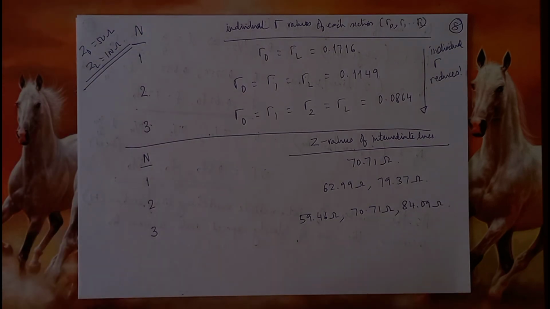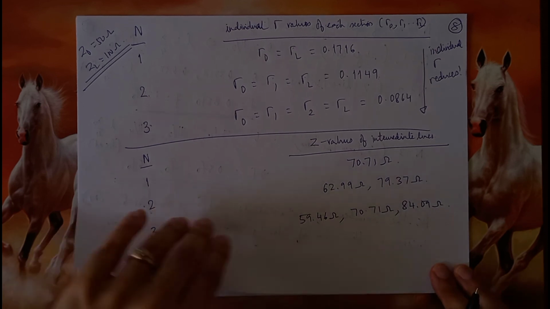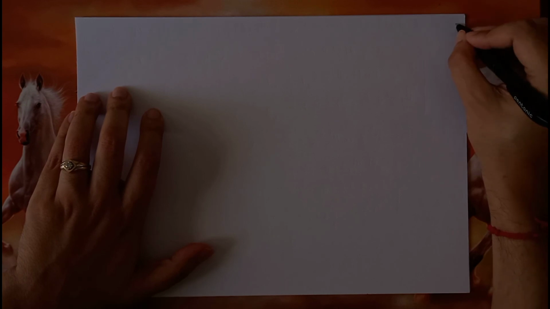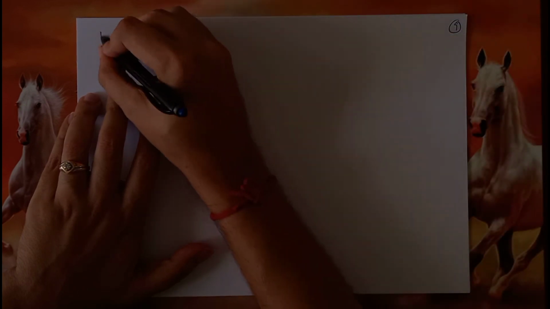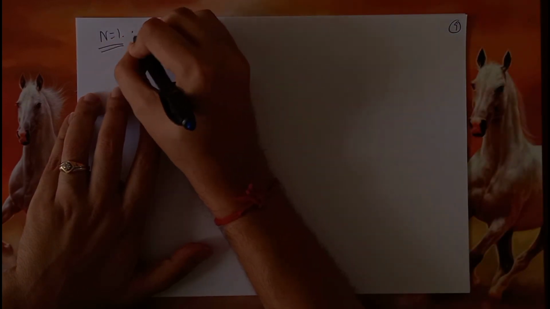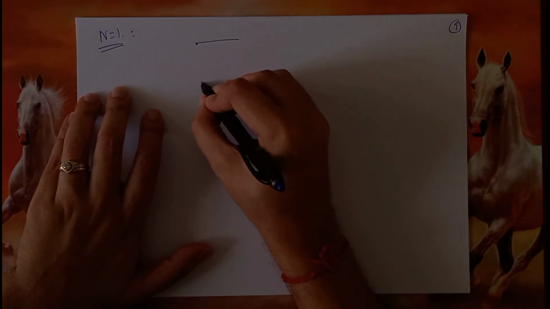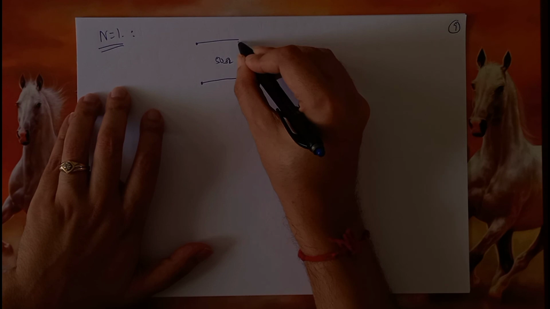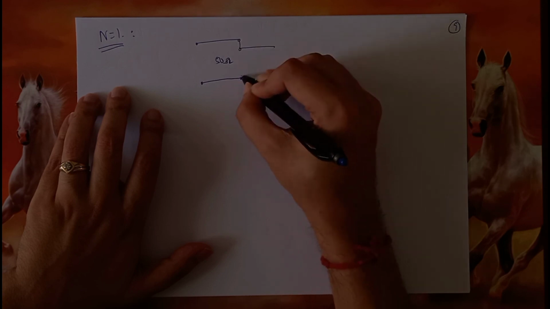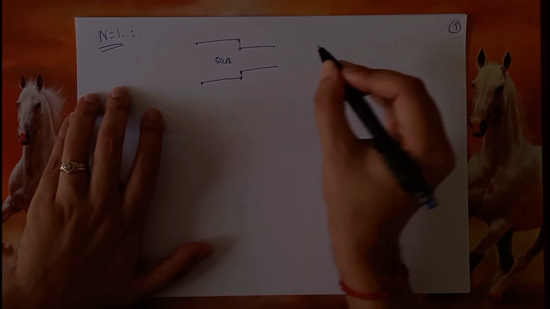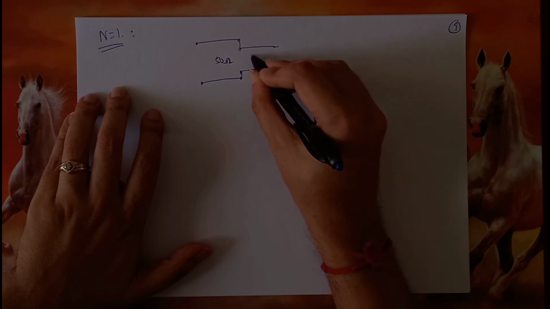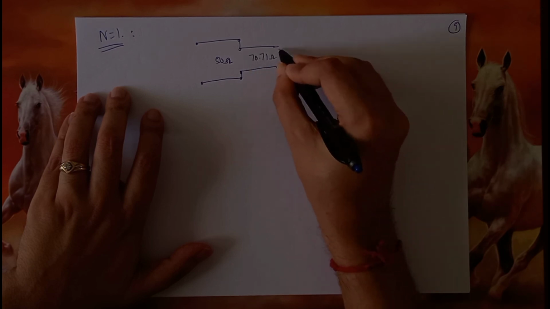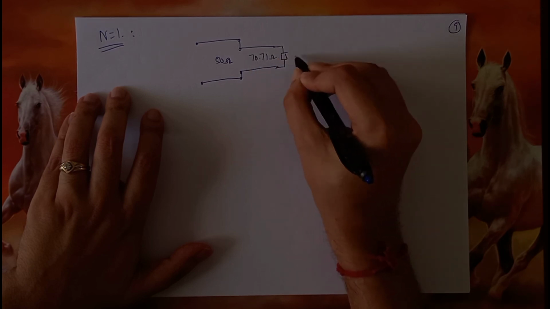So if you take these and look at these from a transmission line angle, for n equal to 1 case, our main line was 50 ohms. Then comes our matching section, which is 70.71 ohms, and then our load, which is 100 ohms.